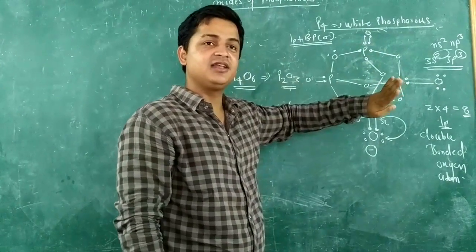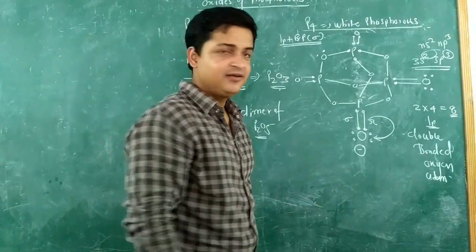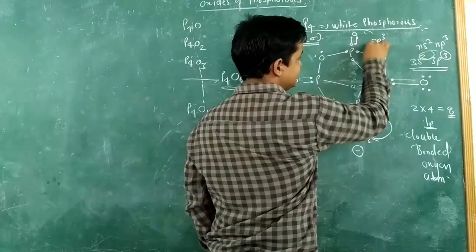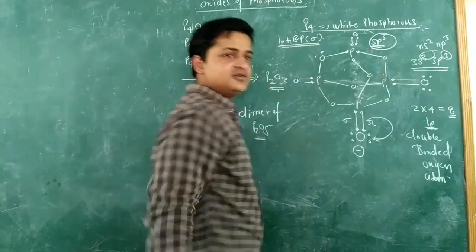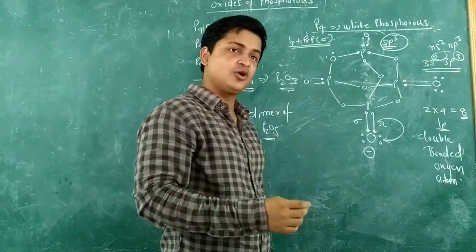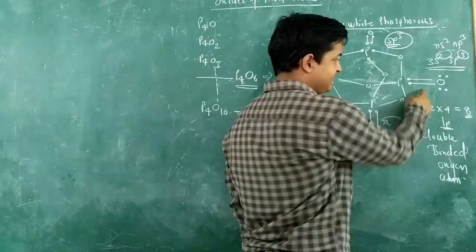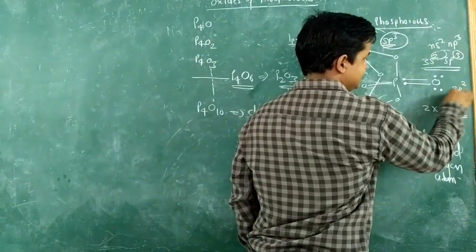So total how many sigma are there? 4 sigma and 1 pi. So hybridization is sp3. So single phosphorus is having hybridization of sp3. And when you're talking about oxygen, just count it. There are the lone pairs. How many lone pairs? 2 lone pairs and 1 sigma bond. So hybridization is sp2.